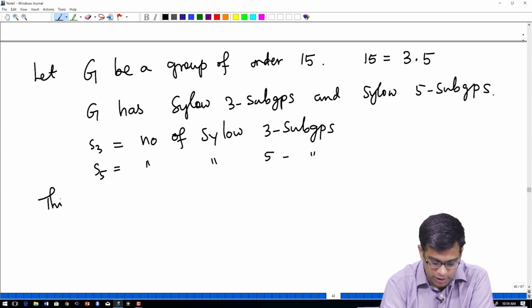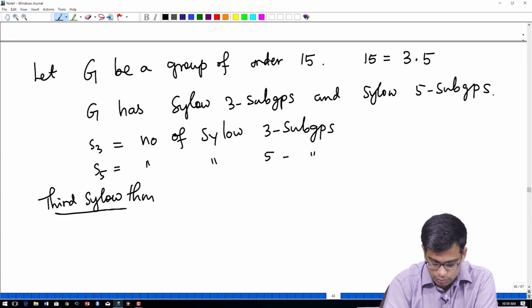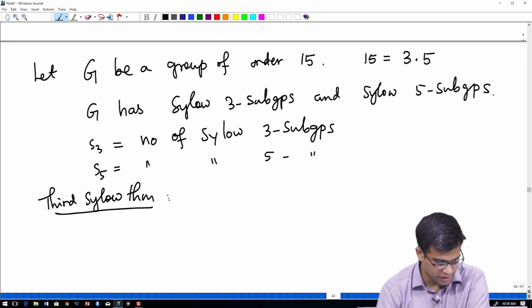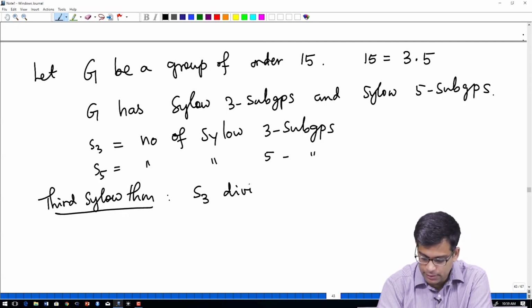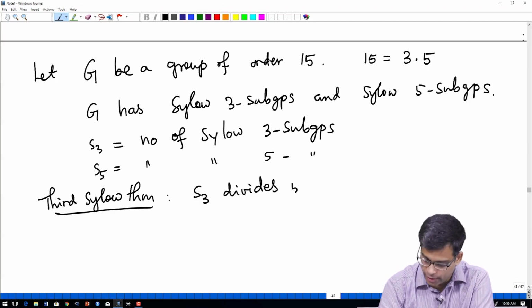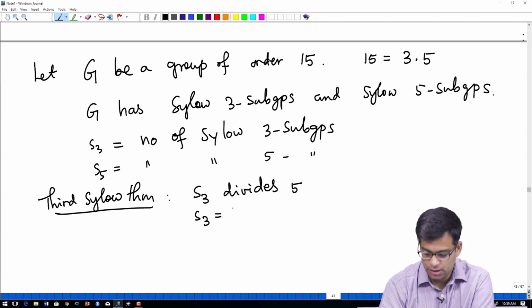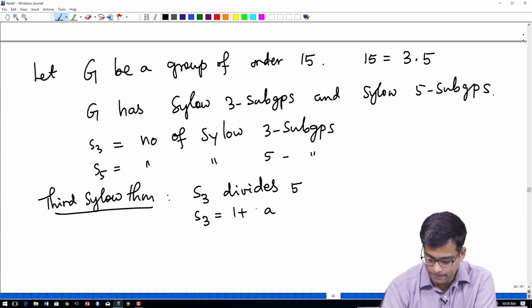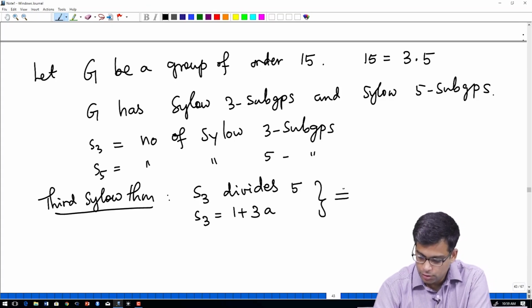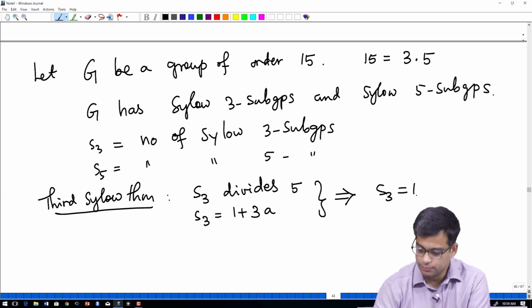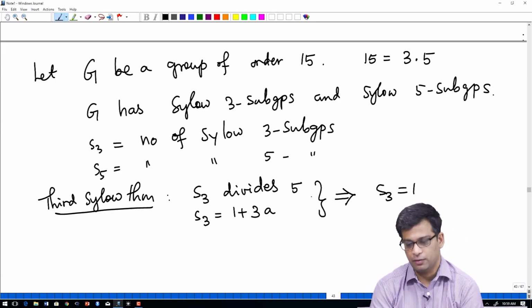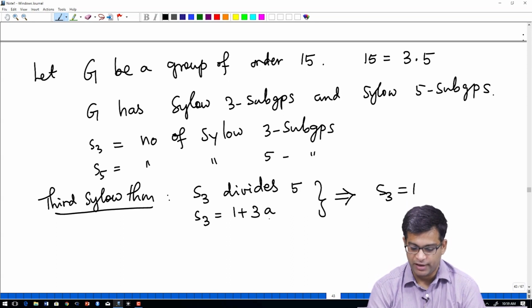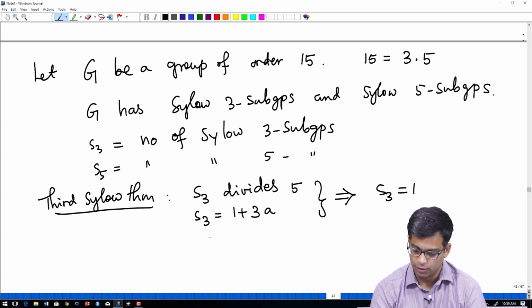So now the third Sylow theorem says what? The third Sylow theorem says s3 divides 5 and s3 is 1 plus 3a, right. This forces s3 to be 1. Remember, if s3 divides 5, it must be either 1 or 5, but 5 does not have this property, so s3 is 1.